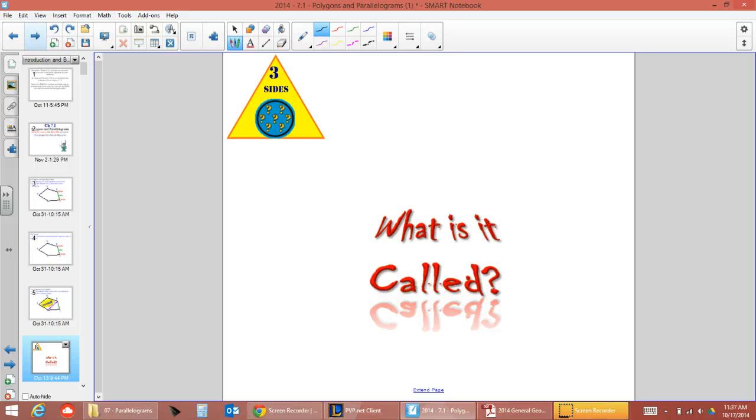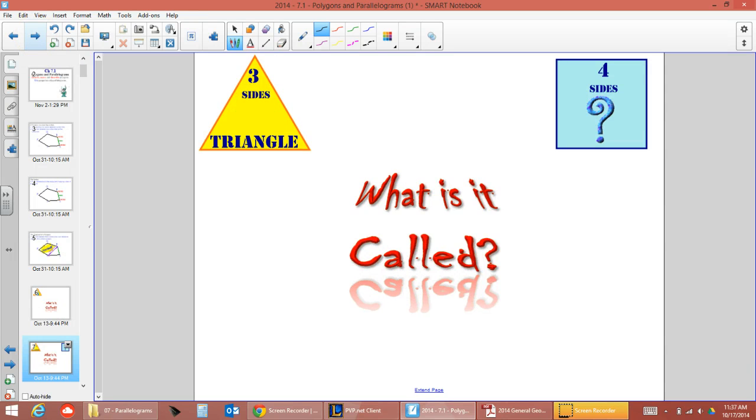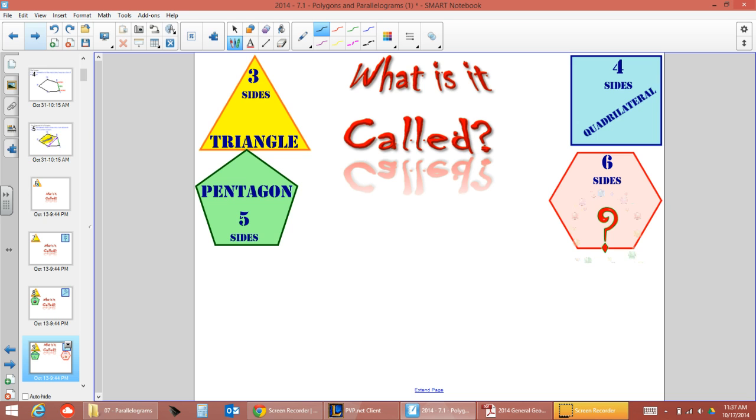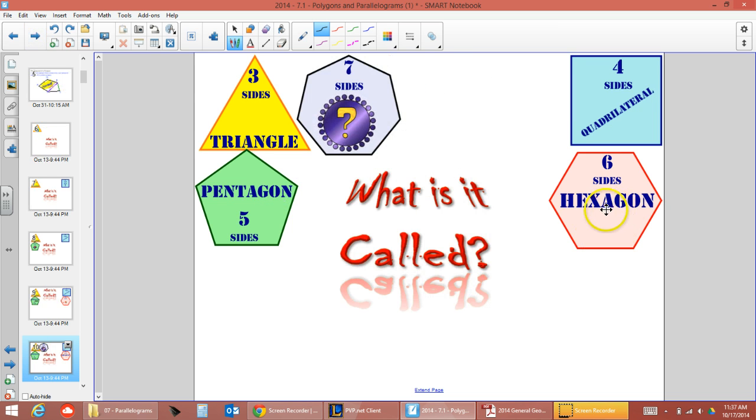Alright, so a 3-sided figure is called a triangle. You should know that one. 4-sided is quadrilateral. 5-sided is a pentagon. Notice the agon part, this part right here is important. Pentagon, hexagon. Notice the agon part.